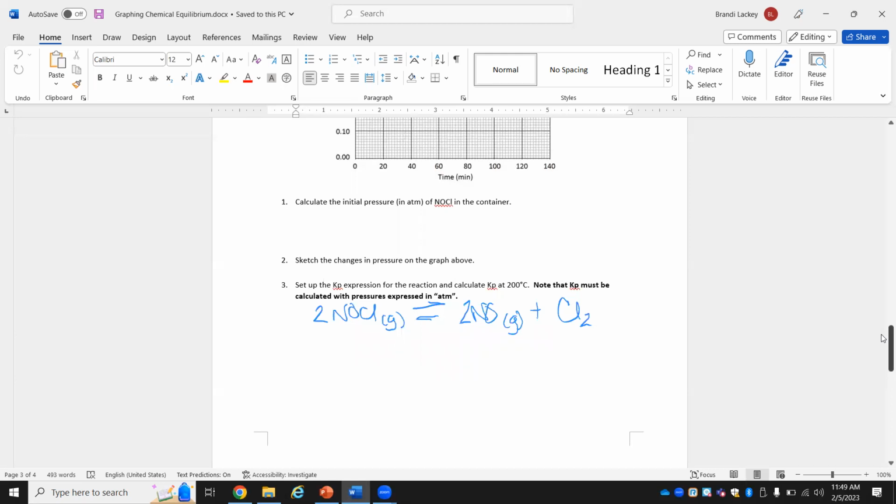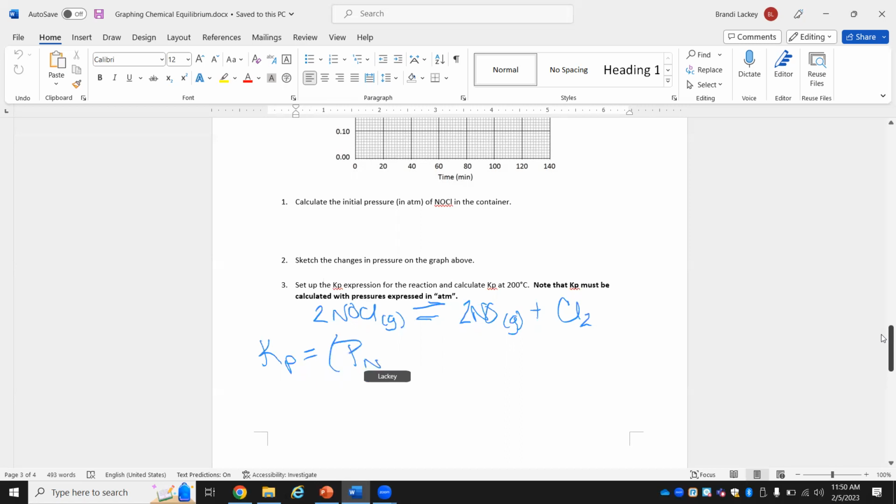Here it wants us to set up the Kp expression for the reaction and then calculate it. So I just want to go over the setup with you guys. You'll be able to calculate it as you're working through. So remember, Kp is specifically talking about pressures. So remember, with pressures, there are no brackets, only parentheses. So for our Kp, we're going to have the pressure of our products on top.